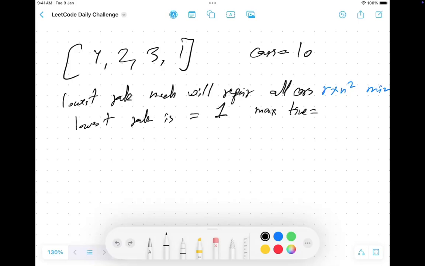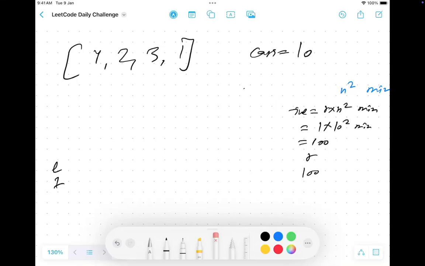But we have 4 mechanics, so the cars can be distributed. So the maximum time is only r cross n square minutes, which is 1 multiply 10 square minutes, which is 100. This is the maximum time. What is the lowest time? Let's assume 1 only. Lowest time is 1 only. Highest time is 100 only.